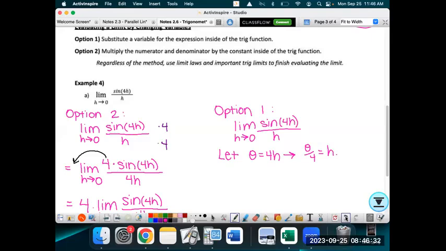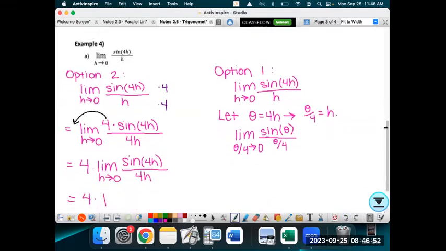And I'm going to do some substitution with that in my next limit. So instead of h there, I'm going to have theta over 4 approaching 0. And then in my numerator, sine of 4h actually becomes sine of theta. And then in my denominator, instead of h, I have theta over 4.